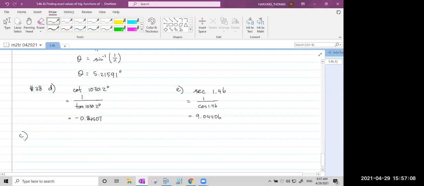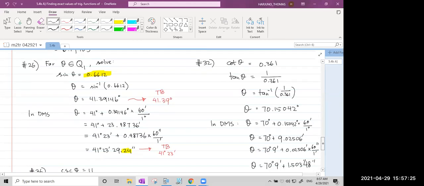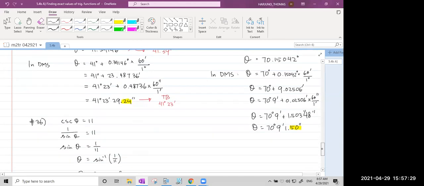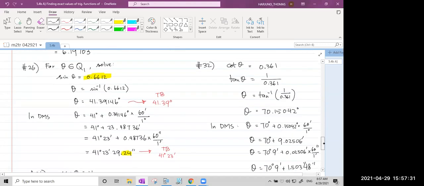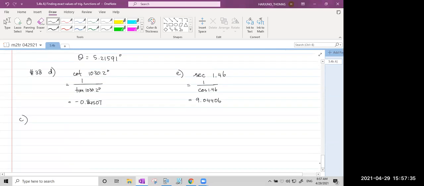So far we have learned to compute trig values of an angle and angle from trig values. But the ones we did above, number 26, number 32, and number 36, are all for acute angles.